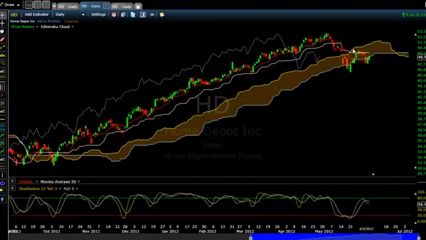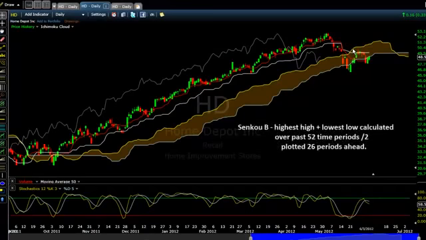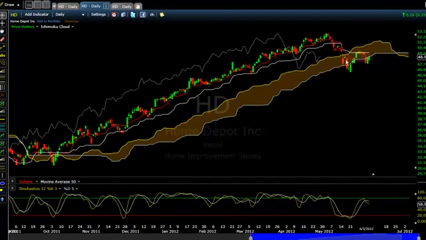Span B is the highest high and lowest low calculated over the past 52 candles, divided by 2, and then plotted 26 periods into the future. The significance of that is the Kumo is used as a support and resistance feature, both with price and with Chikou, a confirming signal, and with Tenkan-sen and Kijun-sen. The thickness is directly proportional to its ability to resist a move higher or support a move lower.